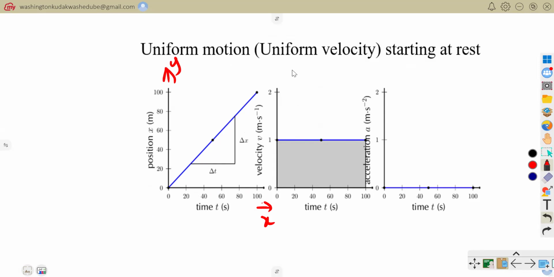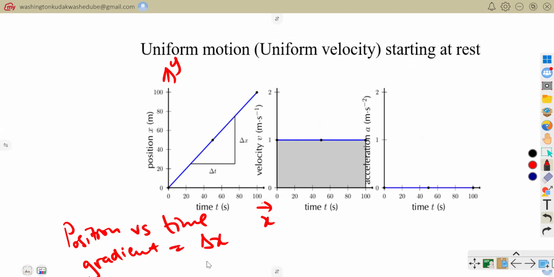So for uniform velocity, your position time graph will always be a what? A straight line with constant gradient. So the gradient for the position versus time graph, which is given by what?